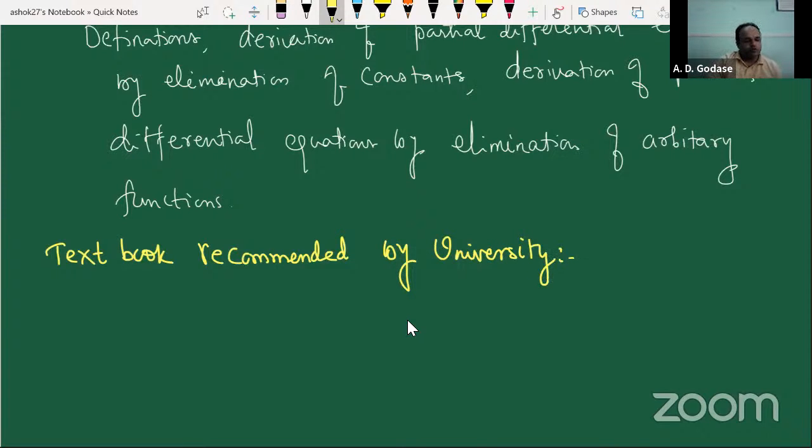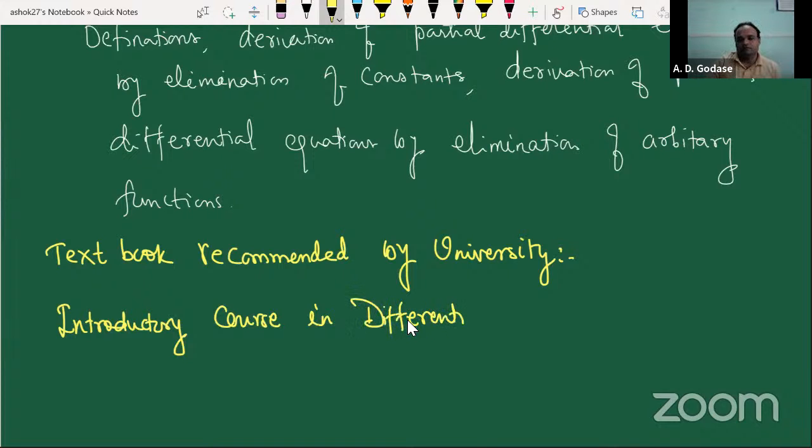There is only one book, and that is Introductory Course in Differential Equations. The title of this book is Introductory Course in Differential Equations, and its author is D.A. Murray, Daniel Murray.